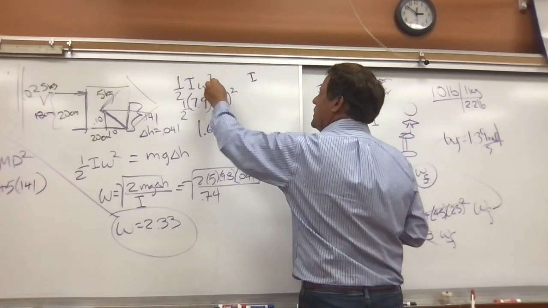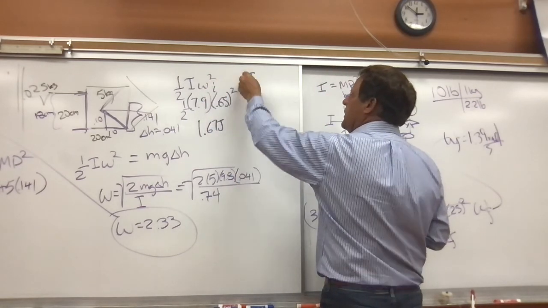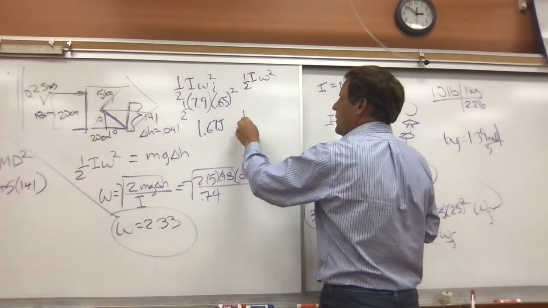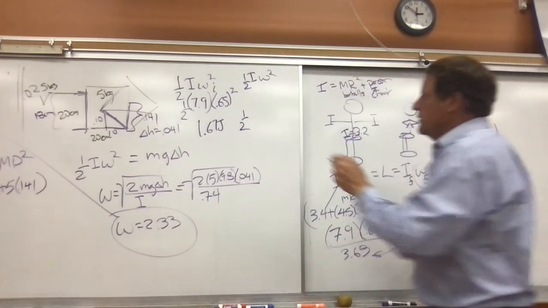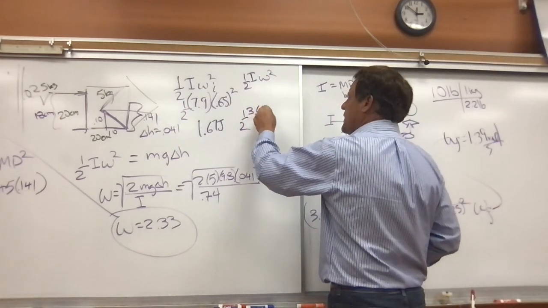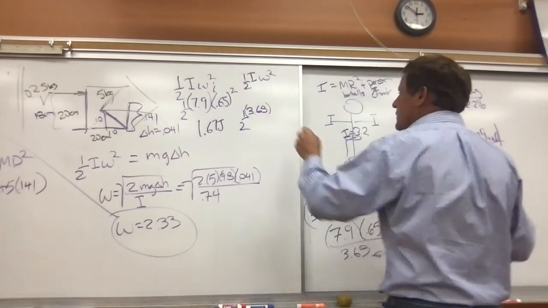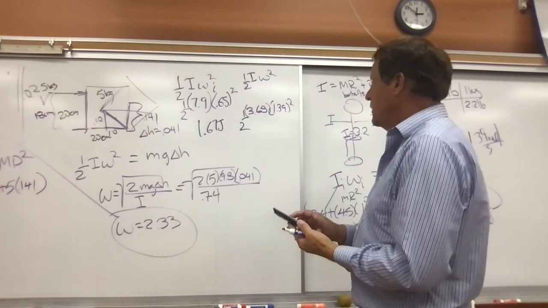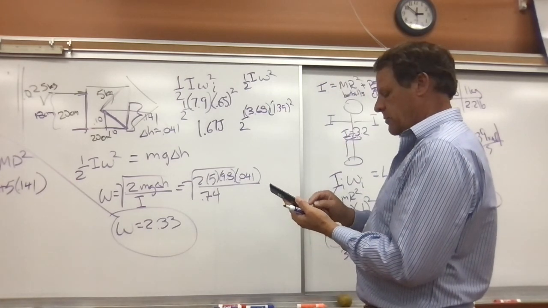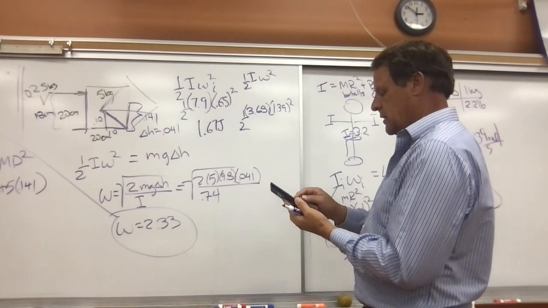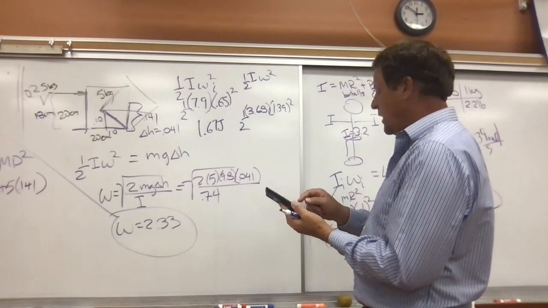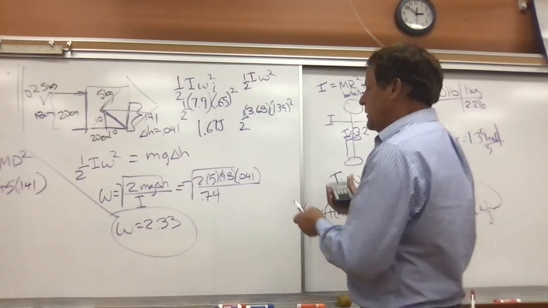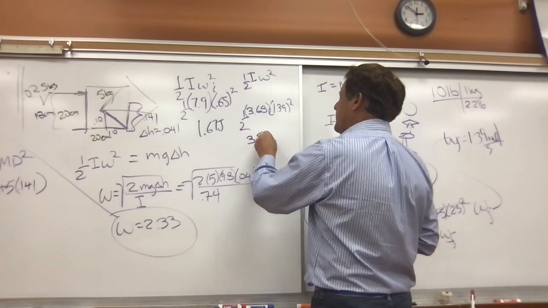And now this was initial, so our final is going to be 1/2 I omega squared, which is going to be 1/2 of 3.68 times 1.39 squared. Okay, so 3.68 divided by 2 times 1.39 squared, that's equal to 3.55.